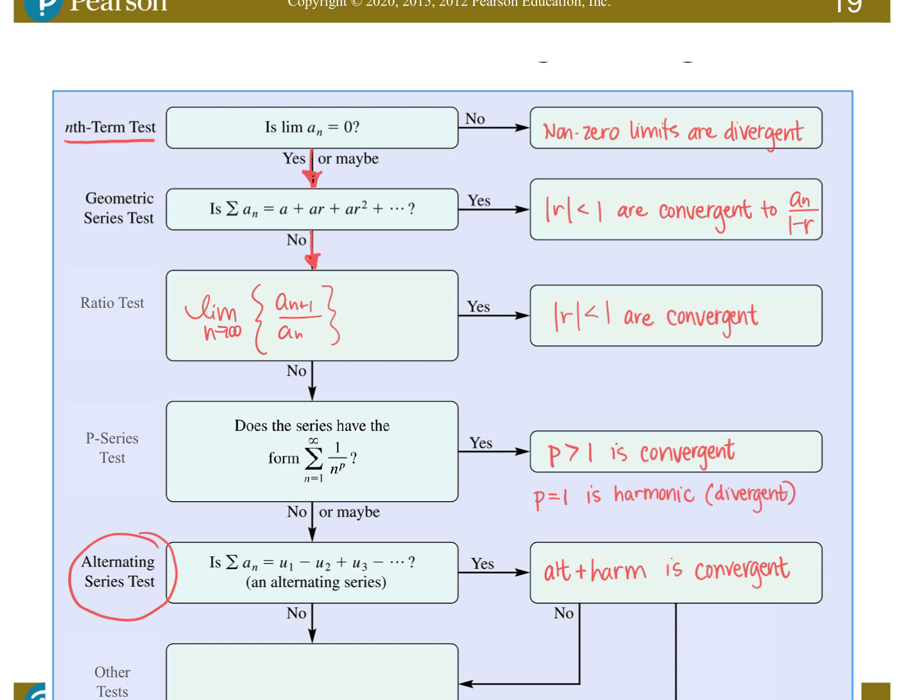That is the condition. The terms must be approaching 0, not just decreasing to any other number.